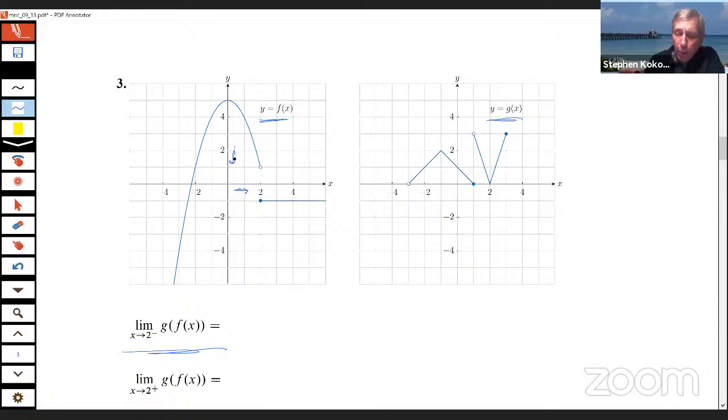It looks like it's approaching 1, right? So it seems like this answer should just be g of 1, shouldn't it? Yeah. And if I look over here, g of 1 is equal to 0.